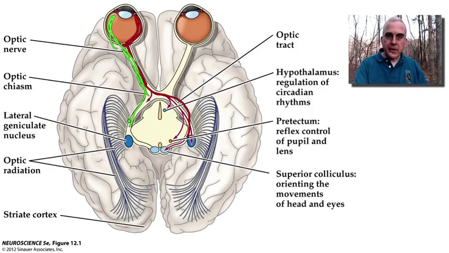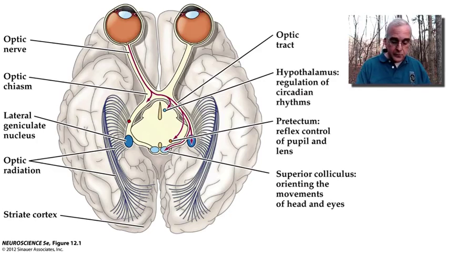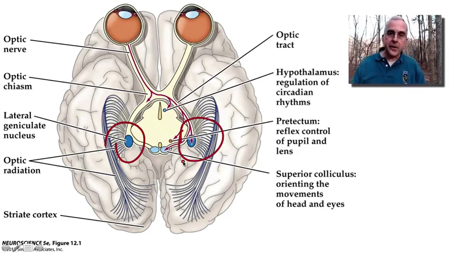Now, the major target of this visual information with respect to the image-forming aspects of vision is the lateral geniculate nucleus. We see that nucleus illustrated here in the posterior, inferior and lateral aspect of the thalamus.